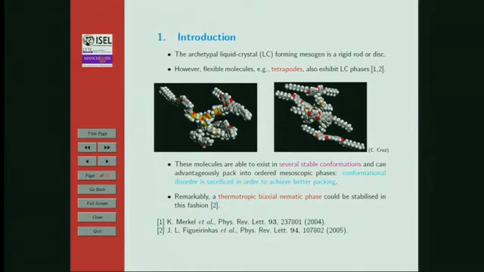Right, so we all know that the archetypal liquid crystal forming mesogen is either a rod or a disk, or at least most of them are. However, it was found that more flexible molecules, such as some polymers and something called tetrapodes, also exhibit liquid crystal phases. A tetrapode is what I show here, and basically it consists of 4 groups which are connected to a central core, and they can exist in various different conformations, of which I show 2 here.